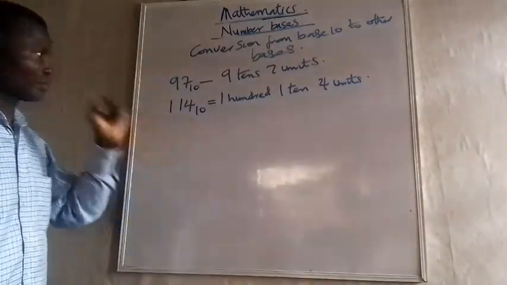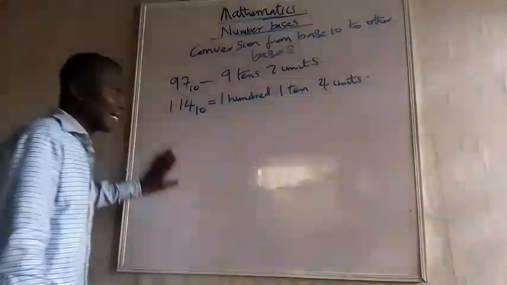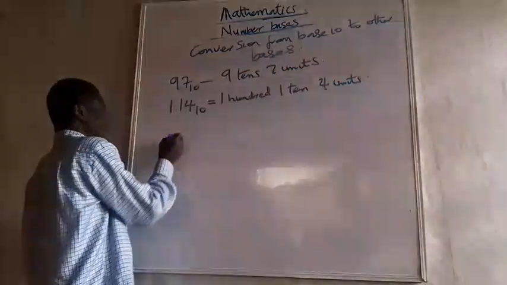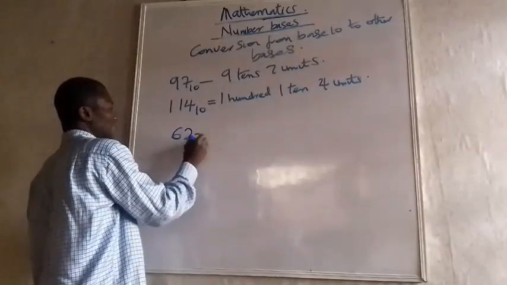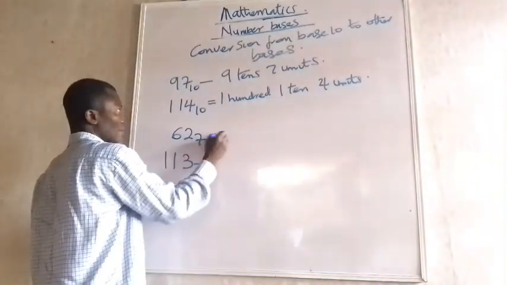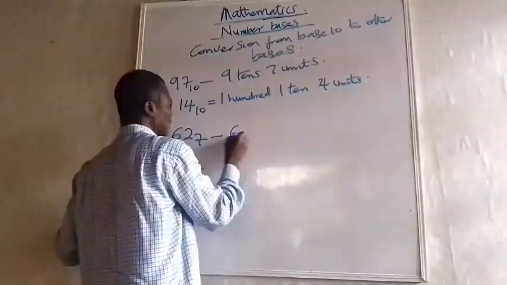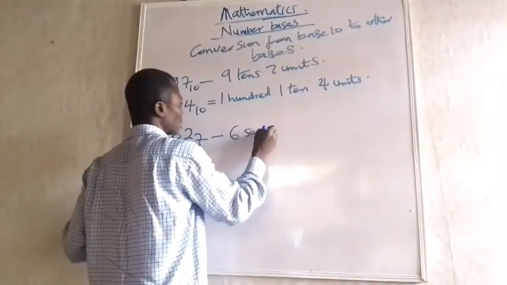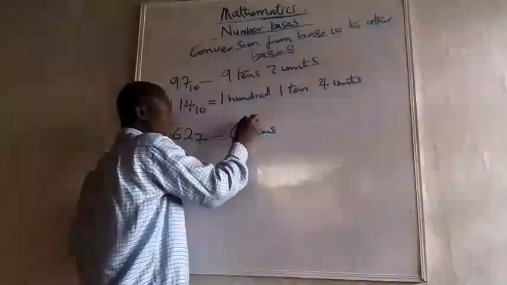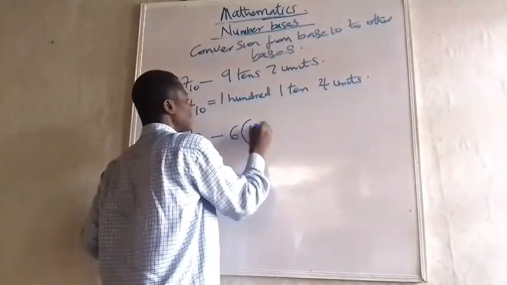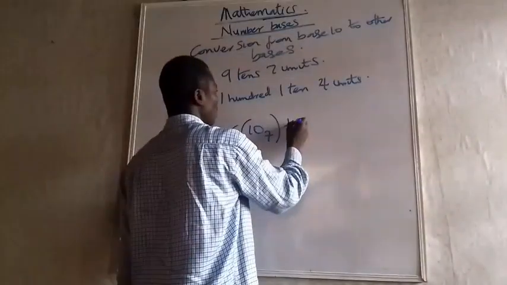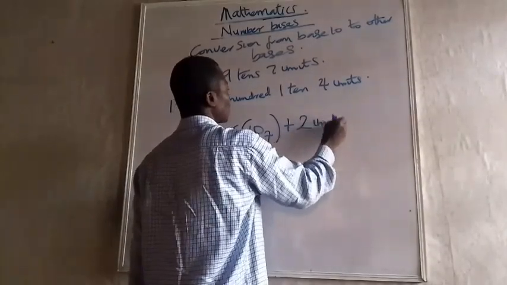So now it means that if I'm going to have something like this in base 7, let's say I have 62 base 7 and 113 base 7. It's going to be 6, 7. You know, the 7 is the 10. Ordinarily I ought to have written 10, but for our comprehension, let me say 6, 10 base 7 plus 2 units.